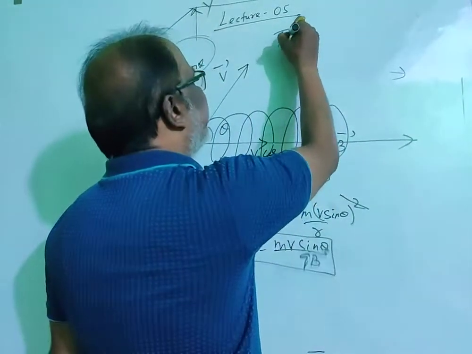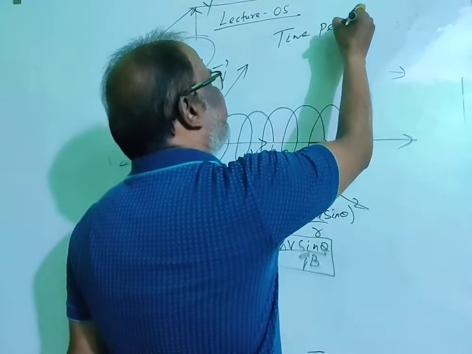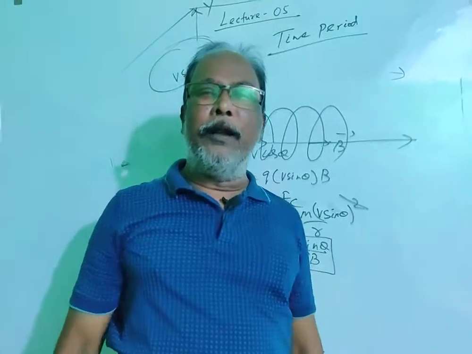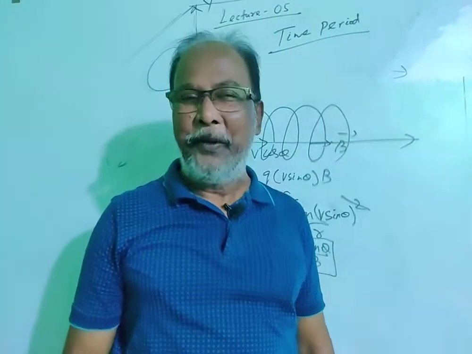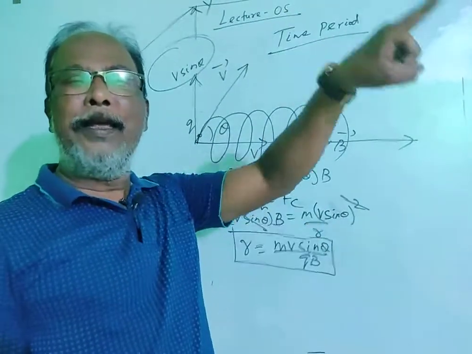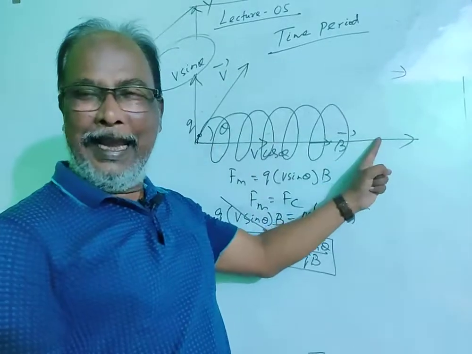Then about time period. As we know, time period is the time taken for one complete revolution, and the charged particle continuously experiences circular path, means this is helical motion.